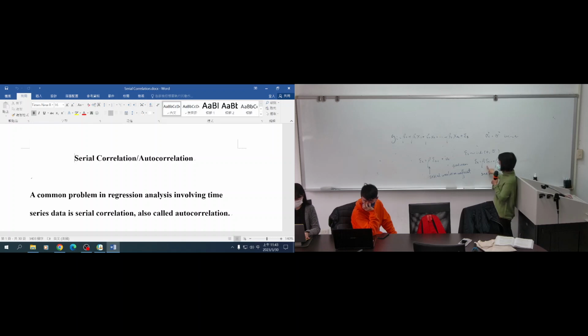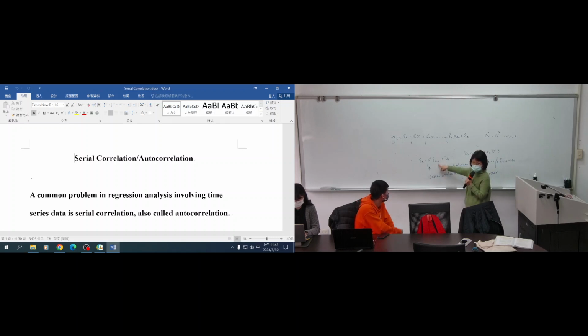And some residuals have a seasonal effect. Seasonal effect means what? It repeats every season. So it becomes t minus 3 or 4. With four seasons, every 3 months, right?